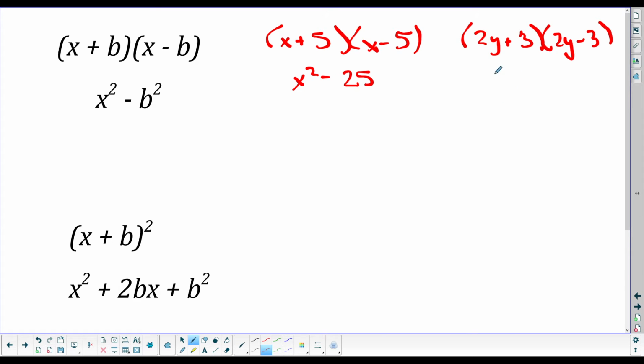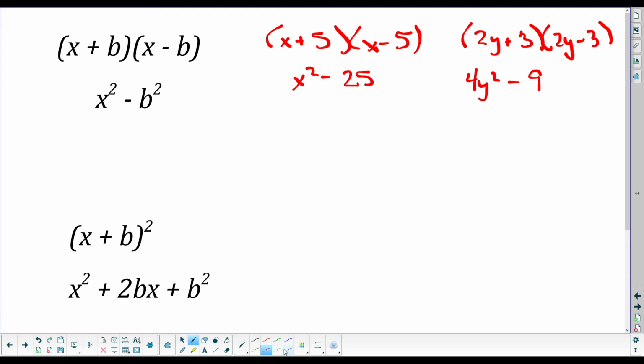So I can use this shortcut. I can just take the first term, 2y, and square it. 2 squared is 4, and y squared is y squared. And take the last term and square it. 3 squared is 9, and it's going to be minus 9. So I get 4y squared minus 9. Just a quick shortcut if you see it.